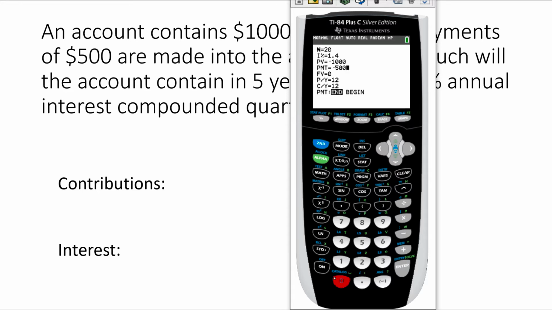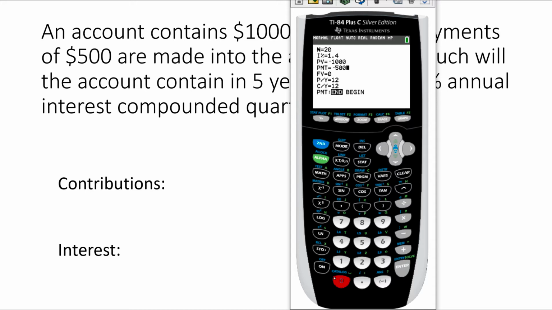So don't get into the habit of saying, well, some of them work even if I put the negative in the wrong place. Make sure you know where the negatives go, because on problems like this, and most of the problems on the finance project, you will need to know where the negatives go.